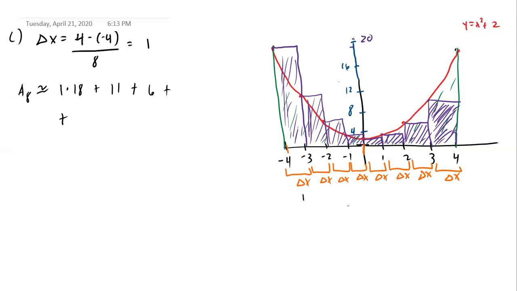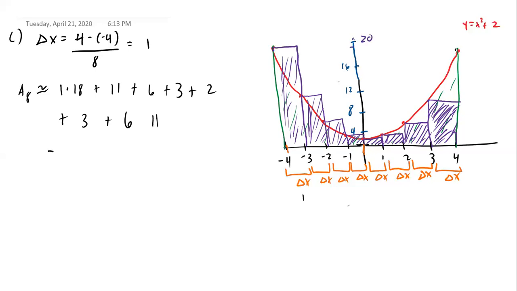Yeah, so the function value at -1, that's 3, okay, plus the function value at 0, that's 2, plus the function value at 1, that's 3, plus the function value at 2, that's 6, plus the function value at 3, and that's the last one, right? The last height is given by x equals 3, and that would be 11.